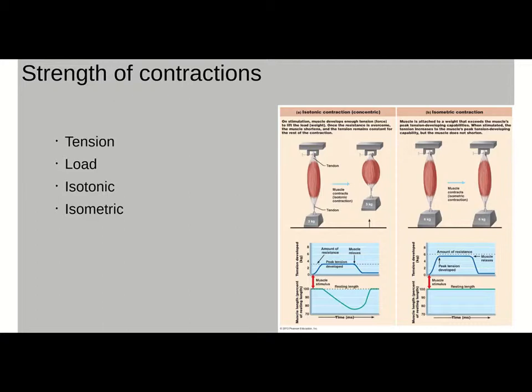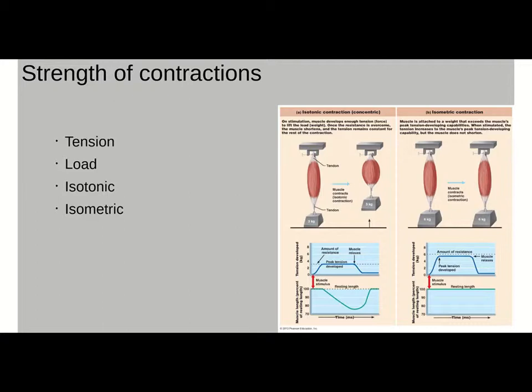So for example, when you pick up your textbook or your laptop or anything that you pick up, your muscles in your upper arm contract, and they contract with a certain force that's called tension. And then the book or the laptop or whatever you pick up, in this case, would be the load. So the load is what you are trying to move. The tension is the force within your muscle.